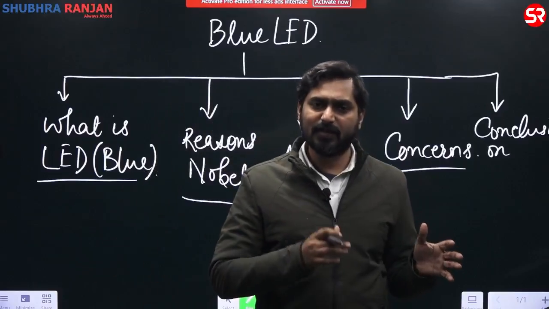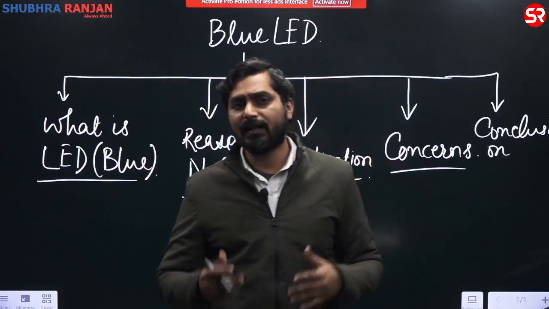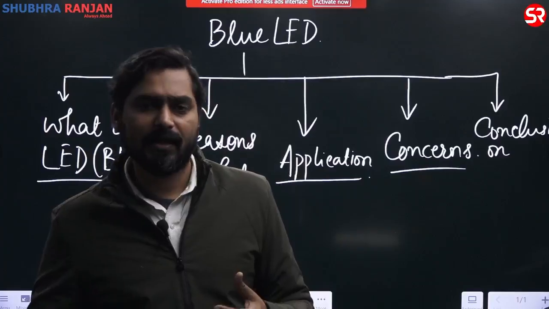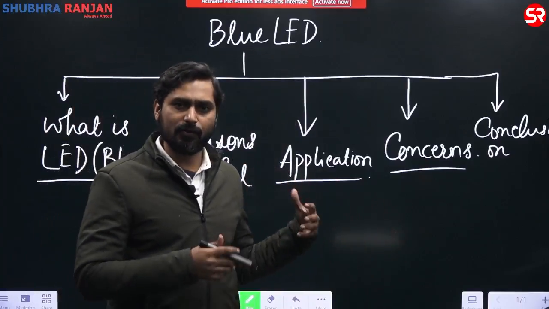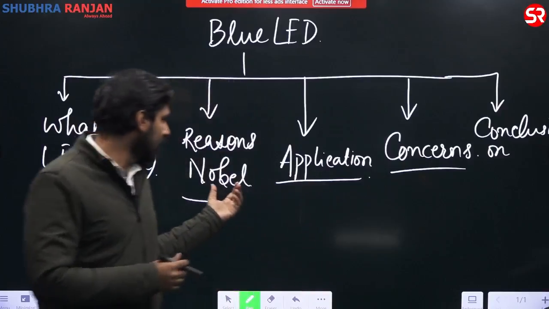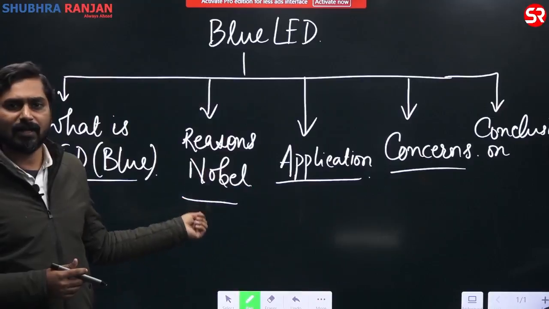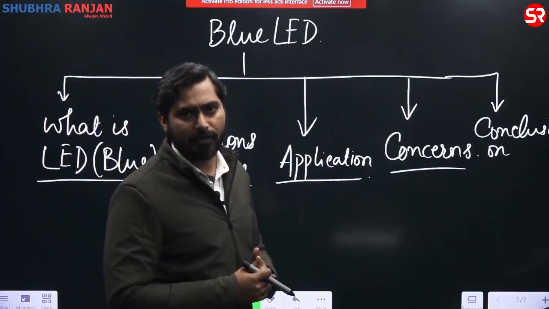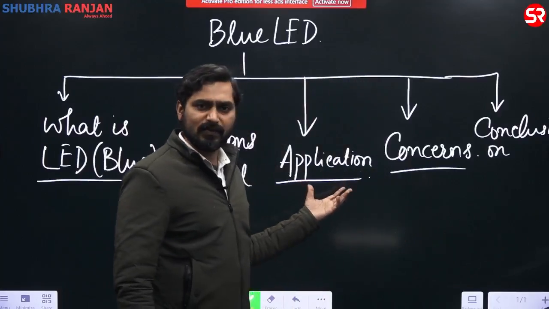Compared with conventional bulbs, their lifespan is approximately 10 times more. So they are more efficient, the lifespan is higher, and they are a necessary prerequisite for producing white light. That is why it was hailed as a revolution in LED technology, and that is why this invention was given the Nobel Prize. So what are the various applications of LED lights?